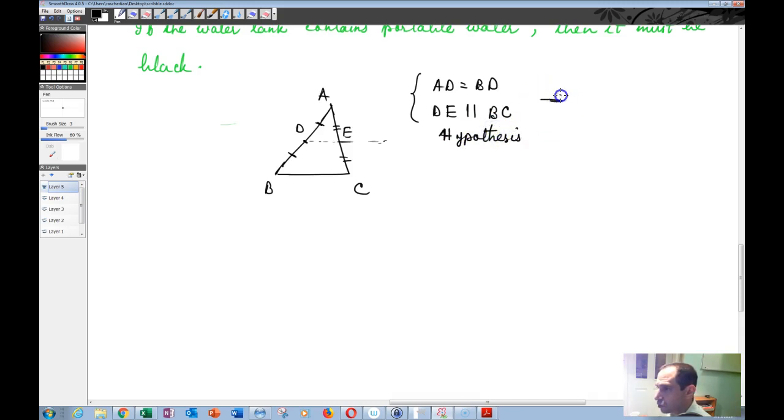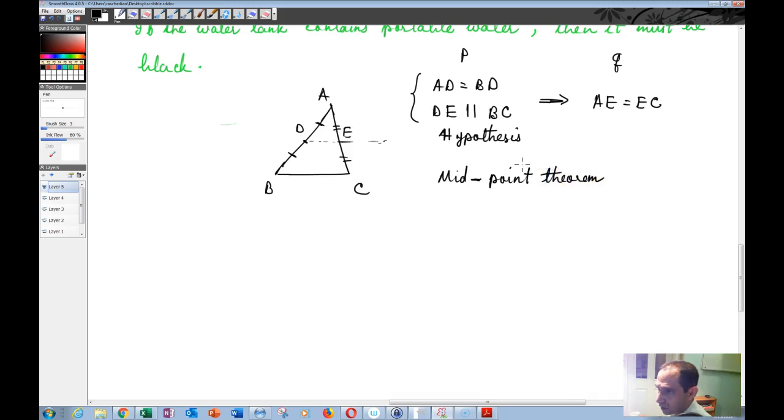And then as a conclusion, what I have is basically AE is equal to EC. So you can take this as P, and you can take this as Q. Okay, so then this is not very important, but this is called the Midpoint Theorem.